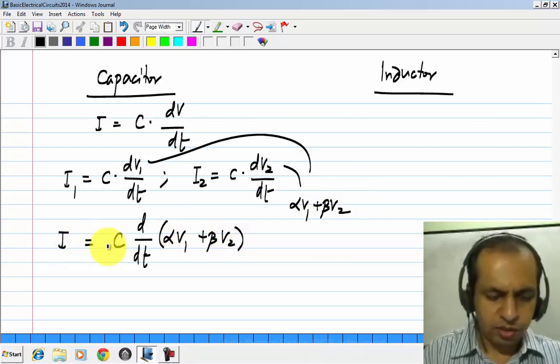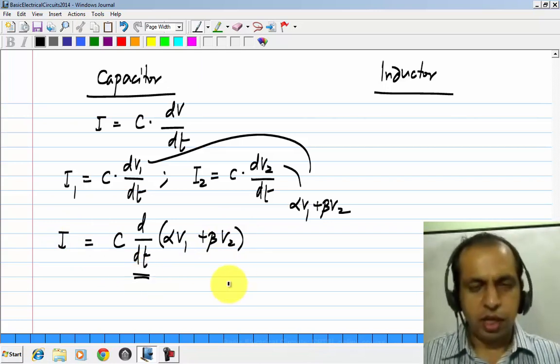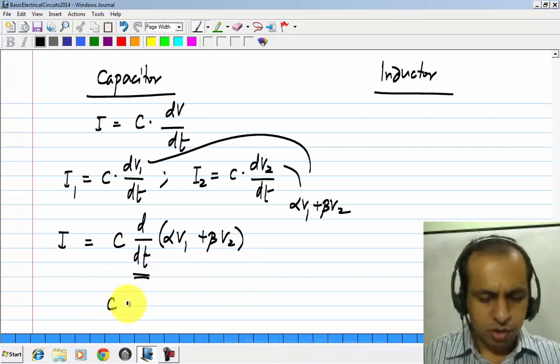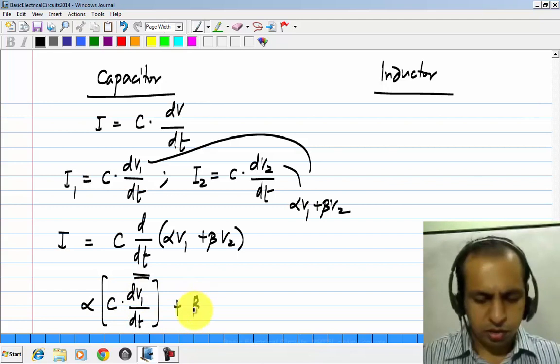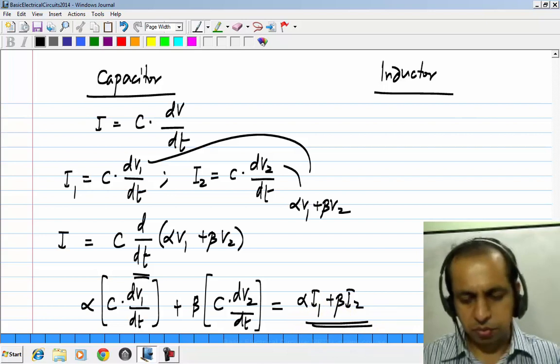you will get the current, which because of the linearity of the time derivative, you can pull out as C times alpha times dV1 dt plus beta times C dV2 dt, which of course is alpha times I1 plus beta times I2.